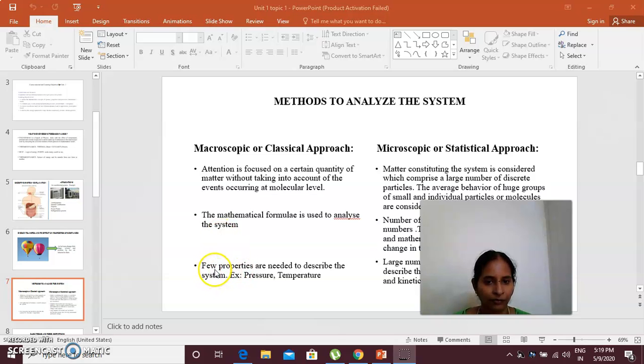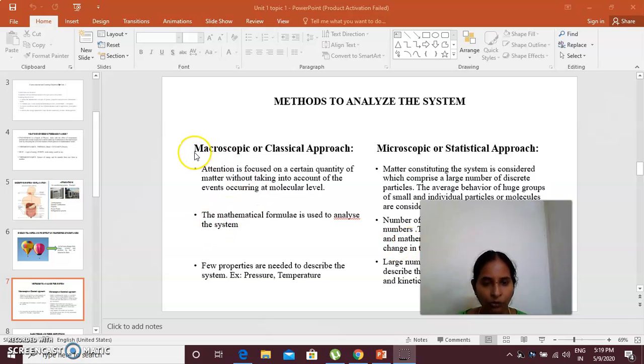We take some properties, like temperature and pressure, which are sufficient to describe the systems. In the microscopic view, a large number of variables are needed to describe the systems, because we have to make the models advanced, and statistical models are required to analyze the system in detail.